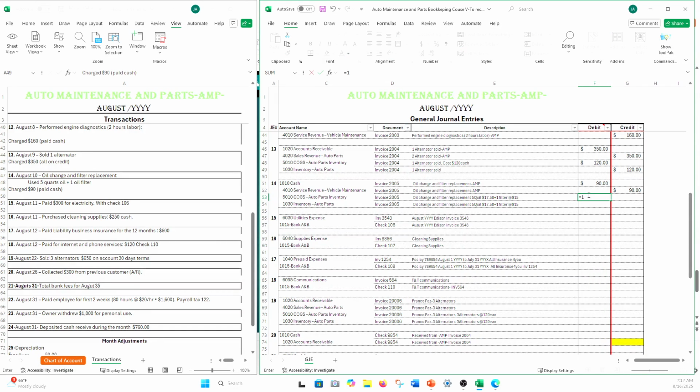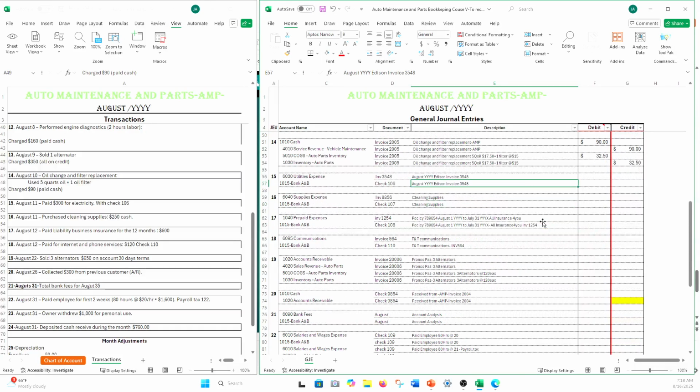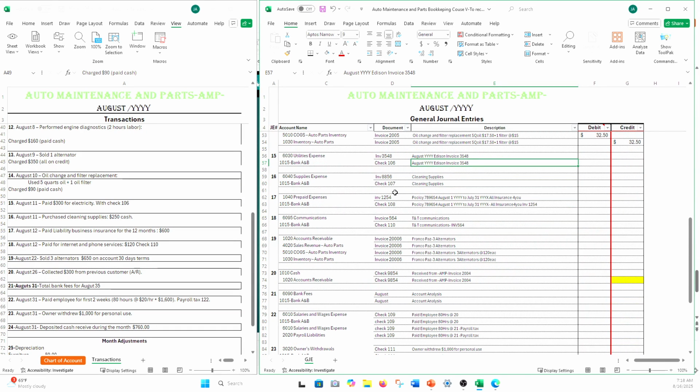One second, $17.50 plus 15 is $32.50. So that's our cost, and we had to reduce our inventory because we use oil and one filter, $32.50. Okay, so let's move to number 15.